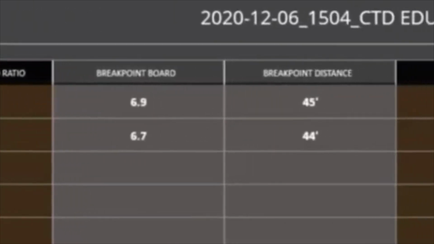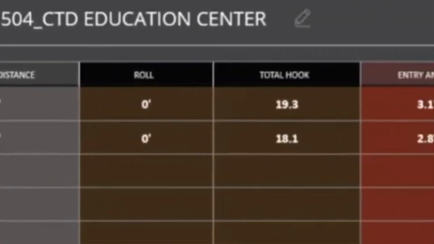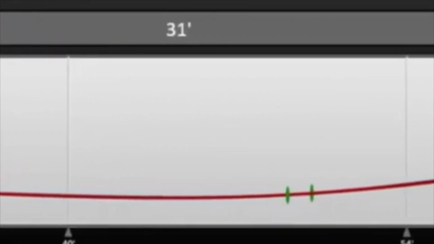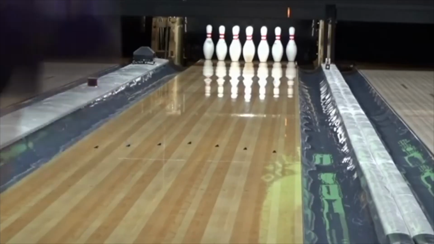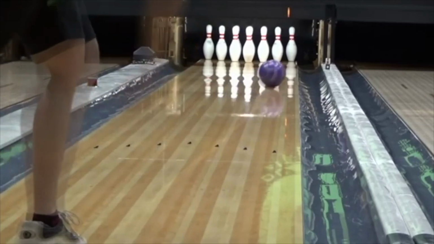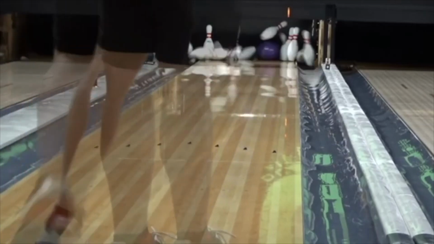This gives us 1.2 boards of overall hook difference on a shot that was in 0.5 boards at the laydown point. There was a performance difference between these two shots, but it was only 1.2 boards verified by Specto.